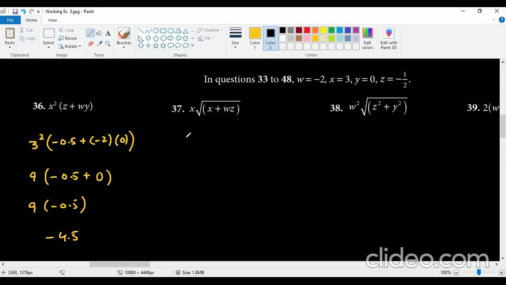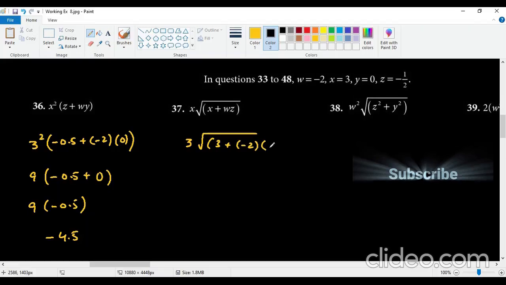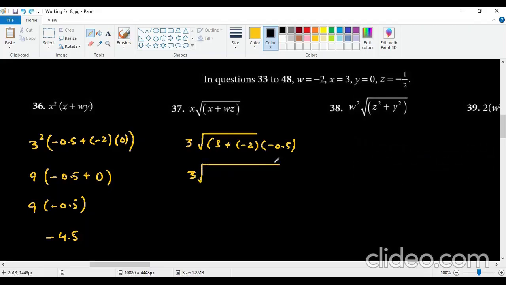For the value of x in question number 37 is going to be 3, and here it's going to be 3 inside the bracket, plus w is a negative 2 multiplied by negative 0.5, and 3 outside, and under the radical it's going to be 3 plus 2 times half is a 1, and 3 will be outside, and inside the bracket it's going to be 4.